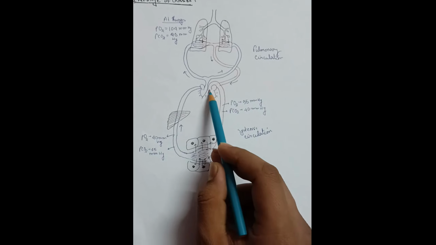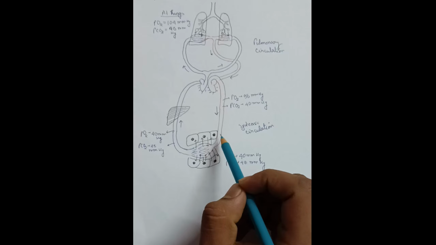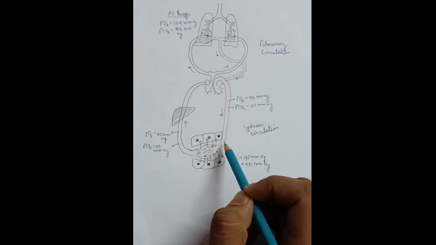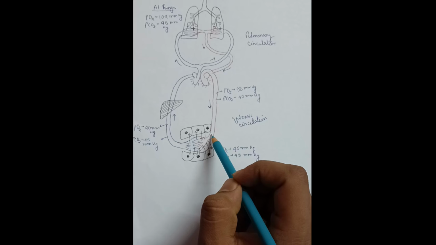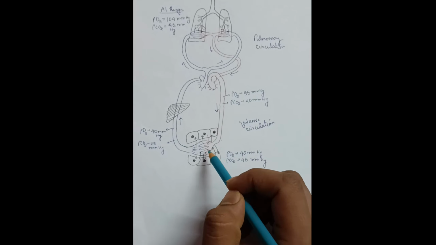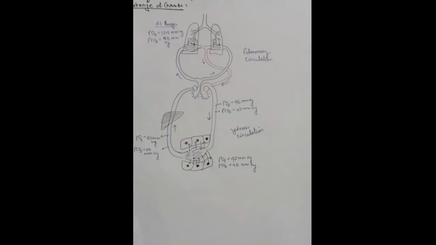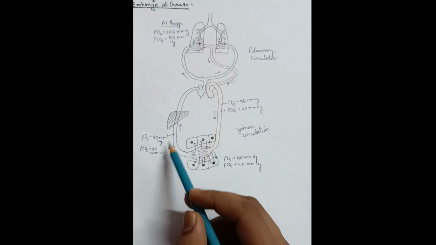When the left heart contracts, the blood comes from the aorta through major arteries, and then eventually it comes to the tissues where the oxygen and nutrients are delivered to the tissues or the cells, and the carbon dioxide and different waste materials are collected from there, and the veins drain the deoxygenated blood.